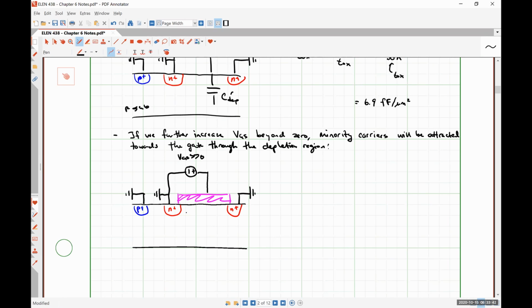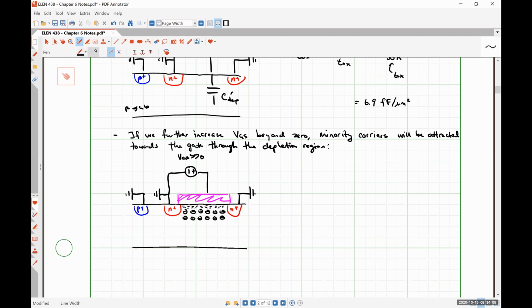So we're still going to have our ions here, but we're also going to see free electrons forming underneath the gate like so.